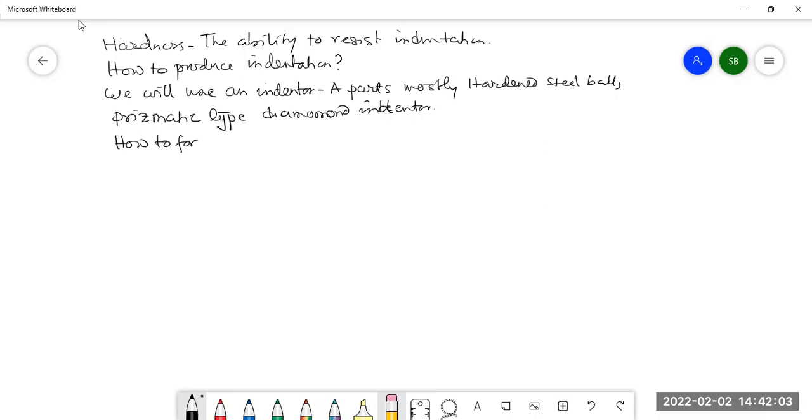How to force it into the work? By means of an externally applied load. Now, three hardness testing processes are there.